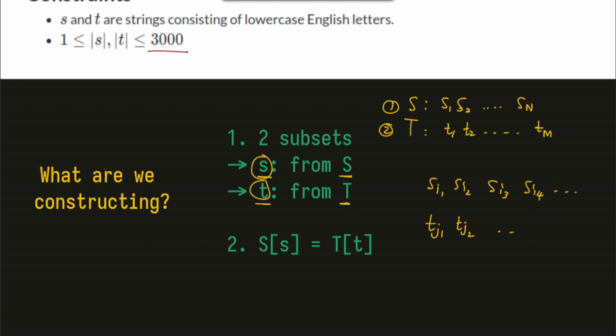The constraint that we need to follow is that these two characters should match for all of the indices, which is the same as saying that both subsequences are the same, so that each corresponding character at a particular index should match.